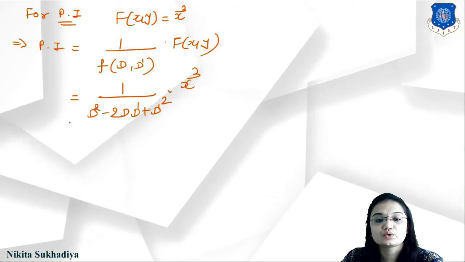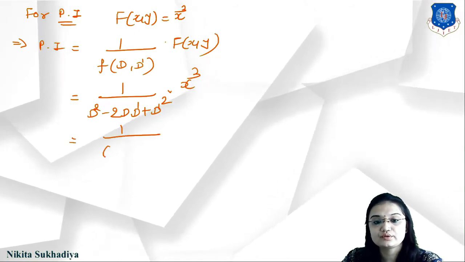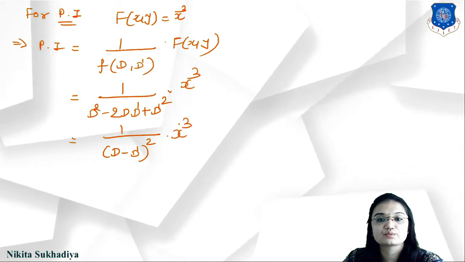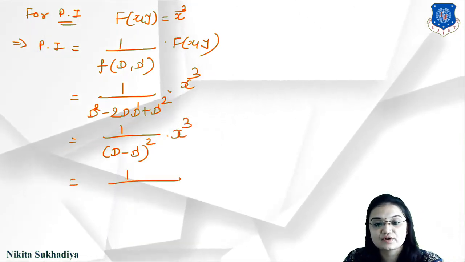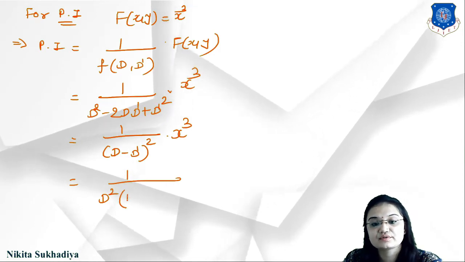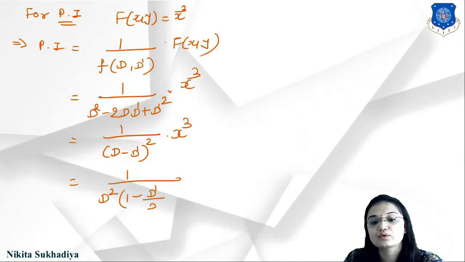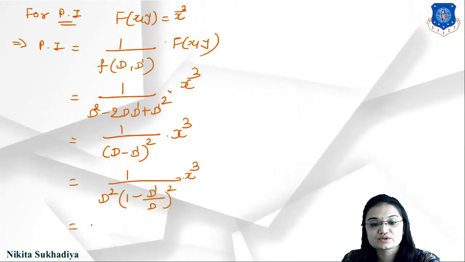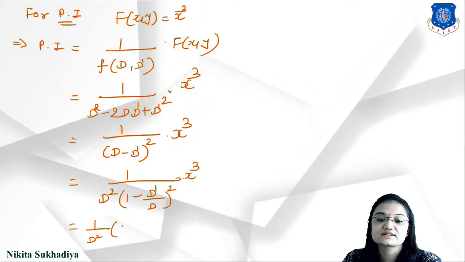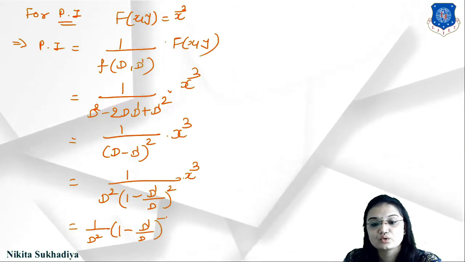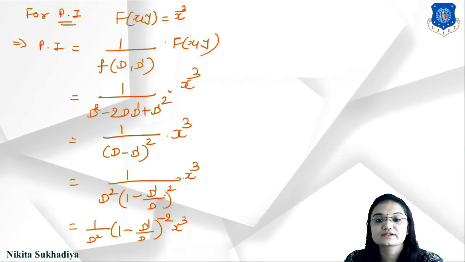Now this is nothing but 1 upon D minus D dash whole square into x cube. Now by taking D square common, this will become 1 minus D dash upon D whole square into x cube. So this will become 1 upon D square, into 1 minus D dash upon D whole raised to minus 2, into x cube.